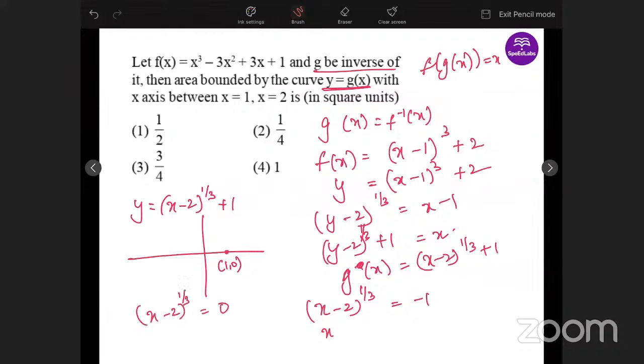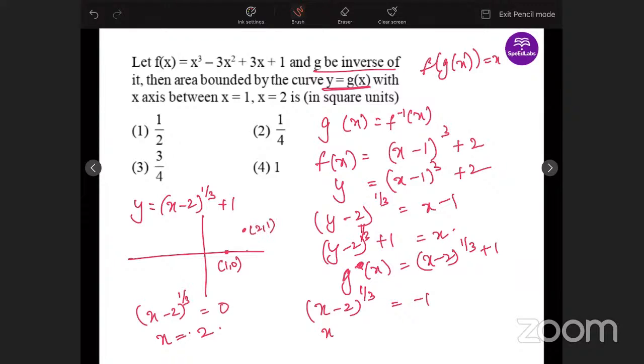If y is equal to 1. Right sir. So then x is equal to 2. So what is the point we have now? 2 comma 1. Yes. Somewhere here.